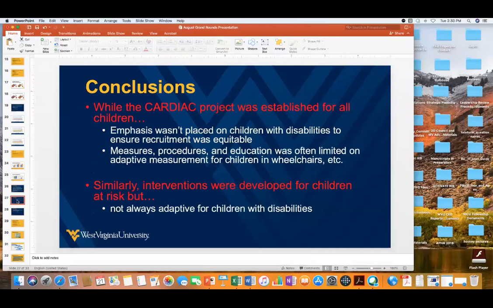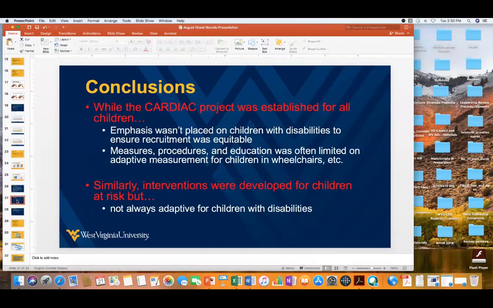Problems. While CARDIAC was established for all kids, in practice it did not reach as many kids with disabilities, right? I'll give you some examples. Does everyone know how to get an accurate weight on a child in a wheelchair?